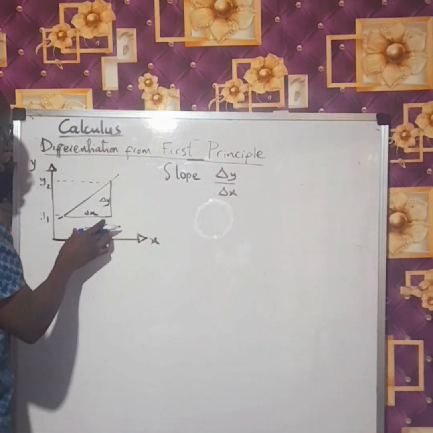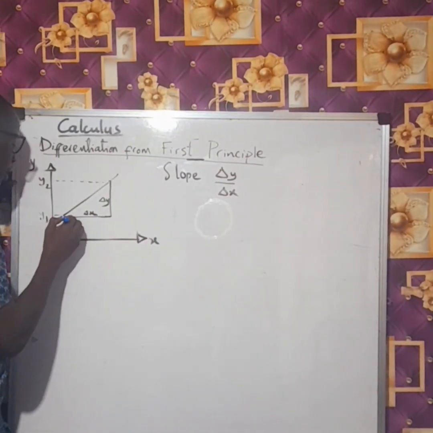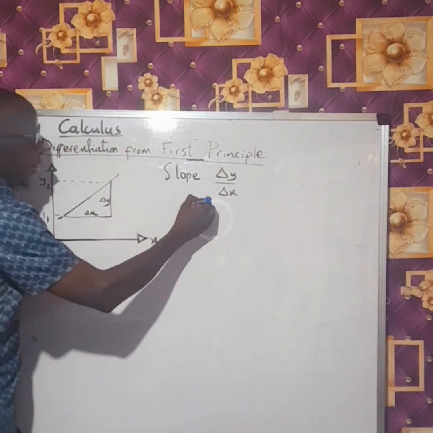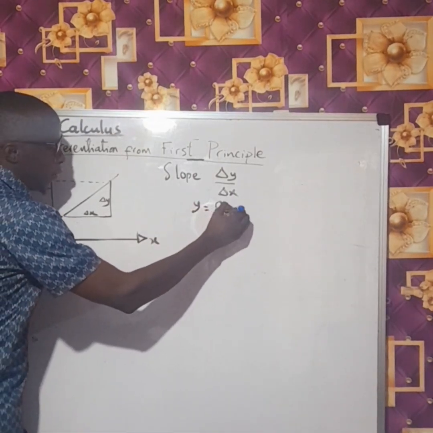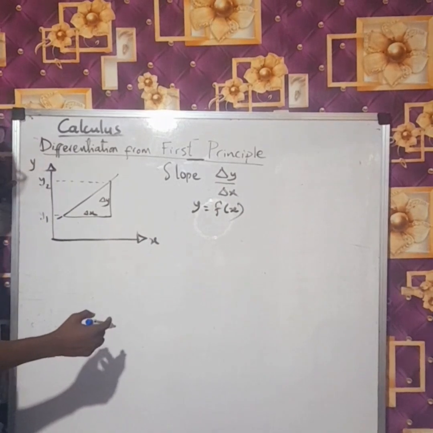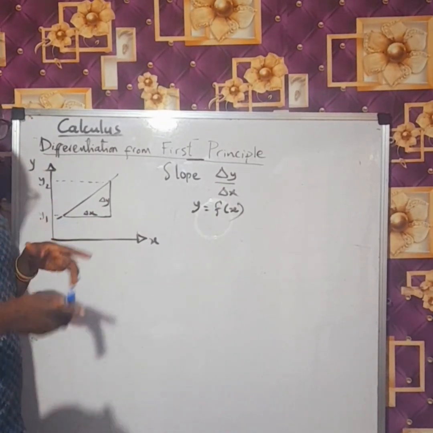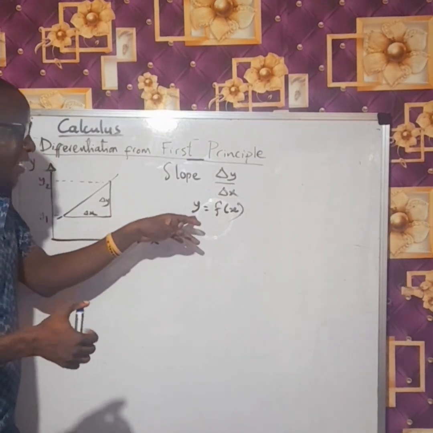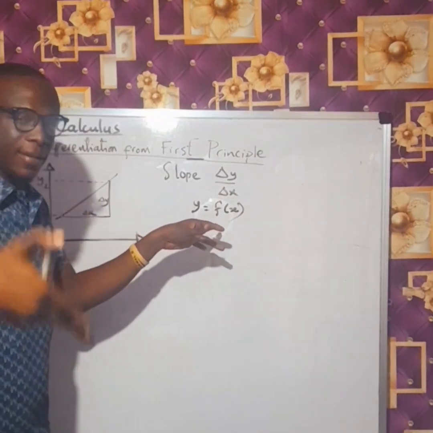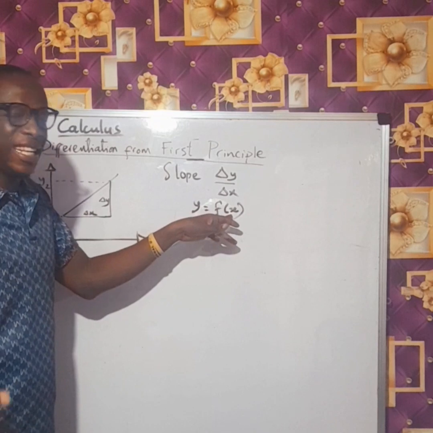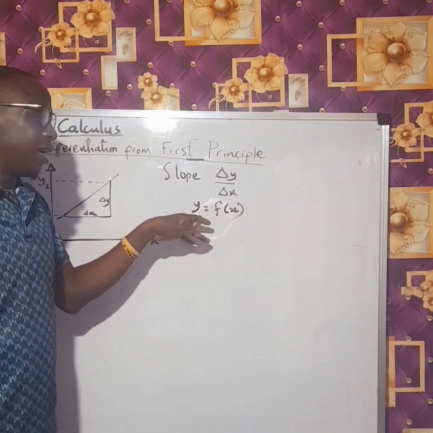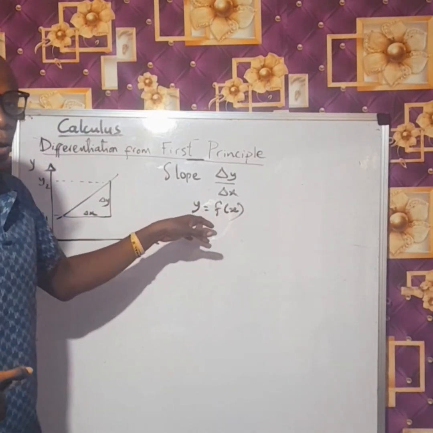Change in y and change in x. Remember that y is a function of x. That means we are getting the values of y because y is dependent on x. So x is an independent variable while y is a dependent variable on x.